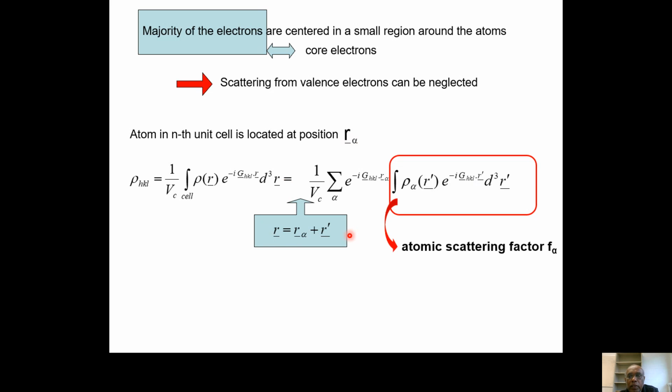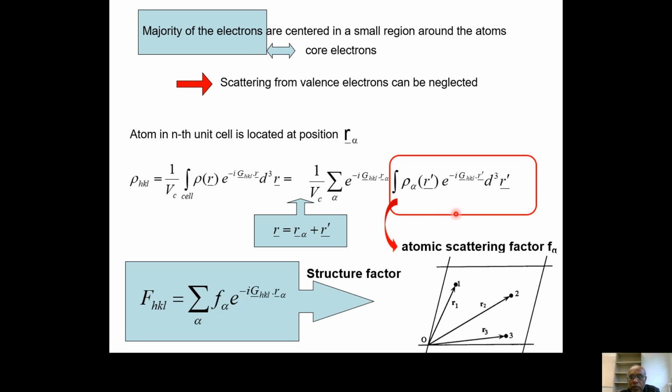So this R here, each R I can write as R alpha. R alpha is the position of your unit cell. Within the unit cell, you have the position of each atom in the basis. So if I plug in R as R alpha plus R prime, remember R alpha is the position of your unit cell, then R prime is, with respect to that unit cell, what are the R prime positions.